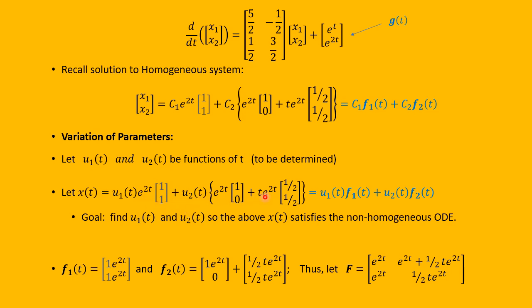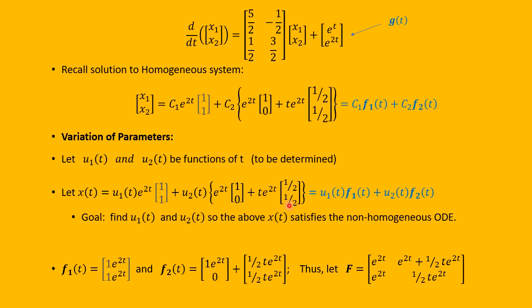We want this stuff right here to be u sub 2 times f sub 2, as we mentioned before over here. And so f sub 2 has to be this stuff right here. And where did this stuff come from? e to the 2t times 1, 0 is 1 e to the 2t, 0, this vector here.